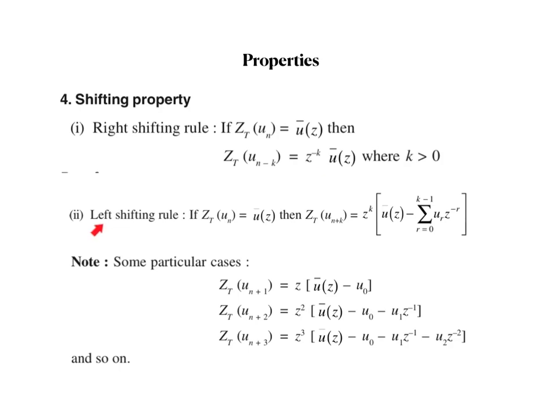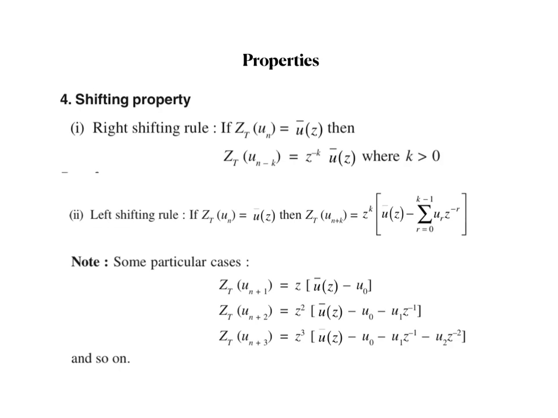So we have the other property, the left shifting property, or we can say left shifting rule. This is very important for our discussion. So that states that z transform of un plus k. See the difference here, minus k for the right shifting rule, plus k for the left shifting rule, is equal to z power k u bar z minus summation r equal to 0 to k minus 1 ur z power minus r.